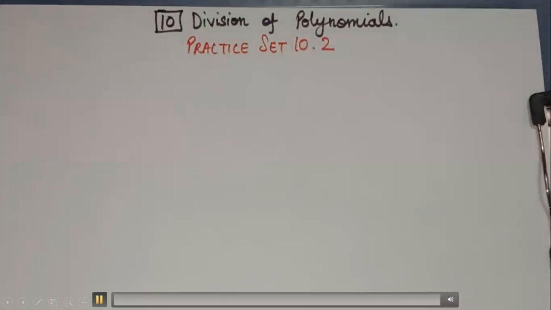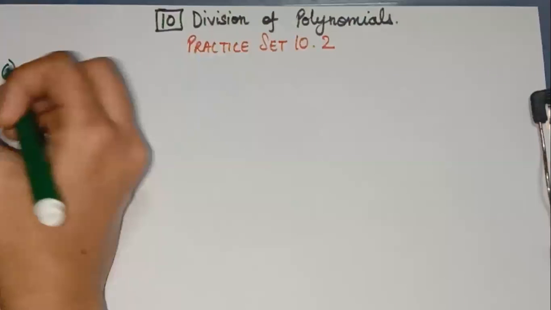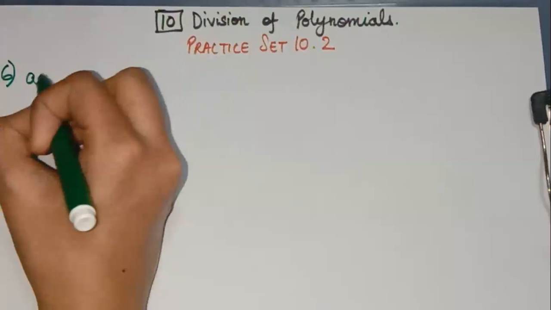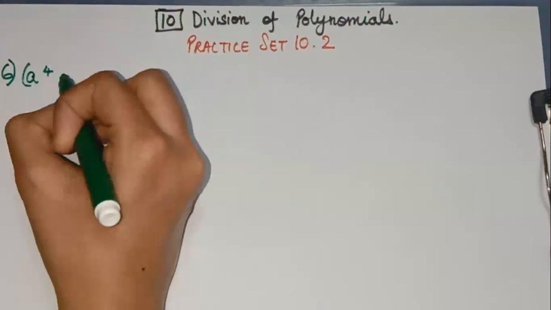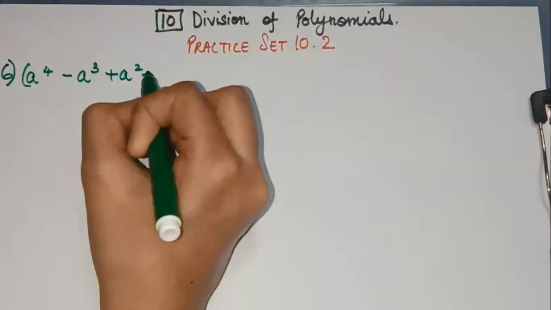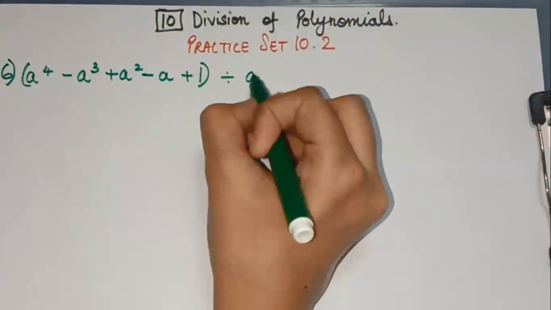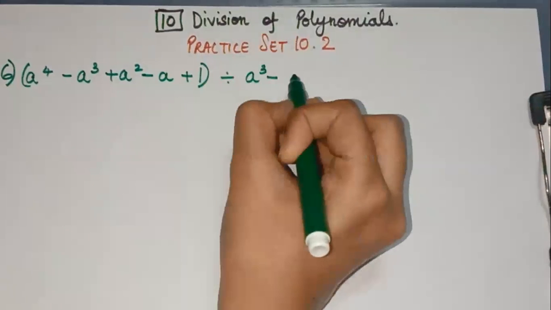Now girls, we will be doing the sixth sum from this practice set, that is the sum a raised to the power 4 minus a cube plus a square minus a plus 1 divided by a cube minus 2.